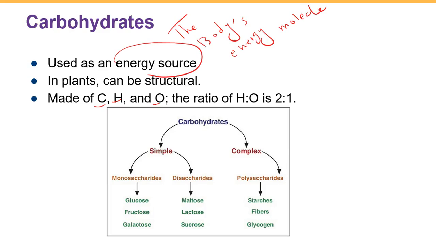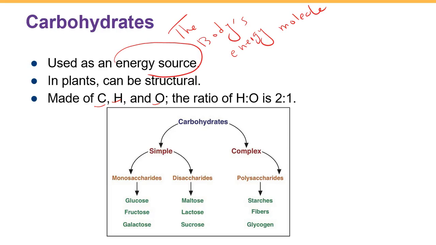They are the body's main energy source, but plants can use them to provide structure. For example, the plant's cell wall is made up of carbohydrate. So carbohydrate is not always an energy source in plant cells; it can be structural as well.